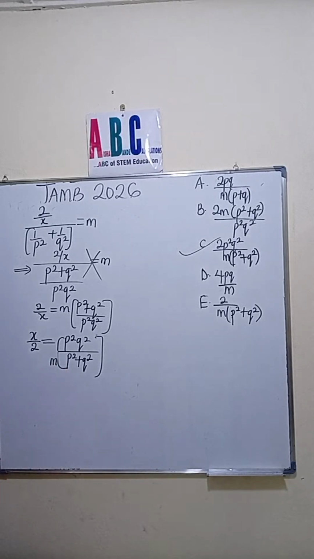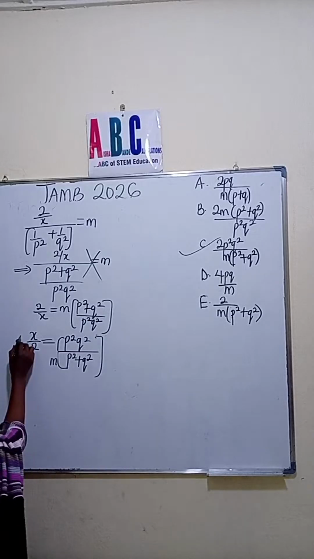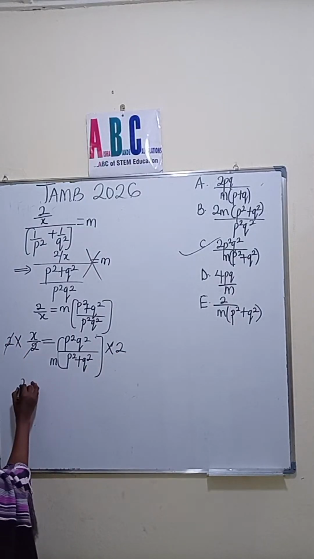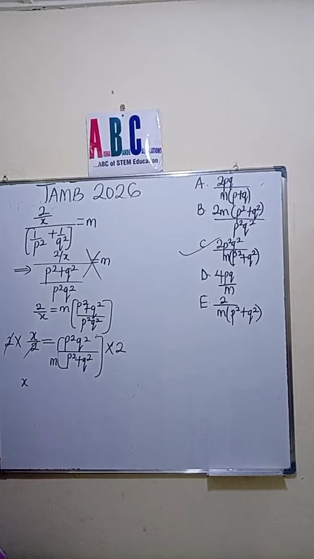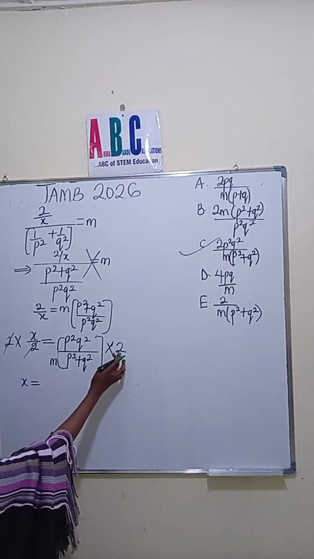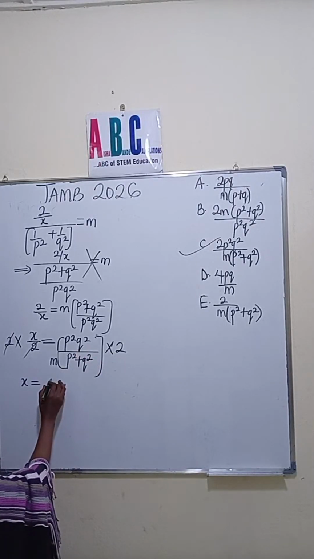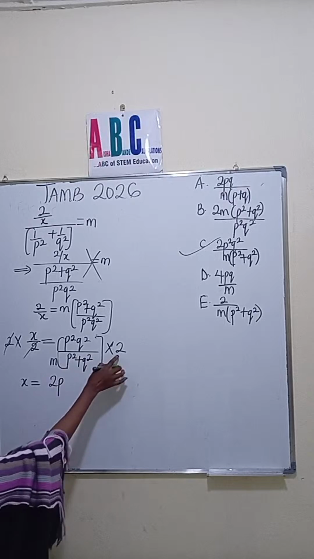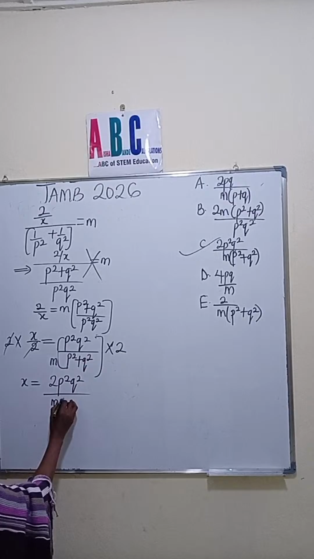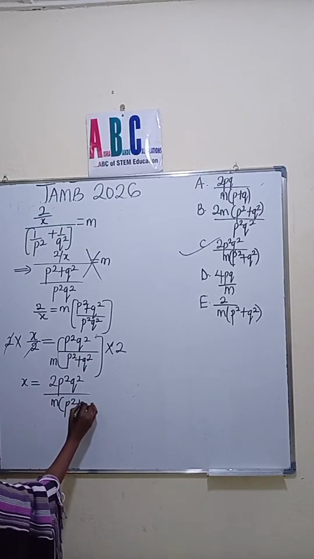Yes, you're right. So the 2 cancels, and here we are left with x. So the 2 will affect the numerator here. So this becomes 2 times p squared q squared over m open brackets p squared plus q squared, right?